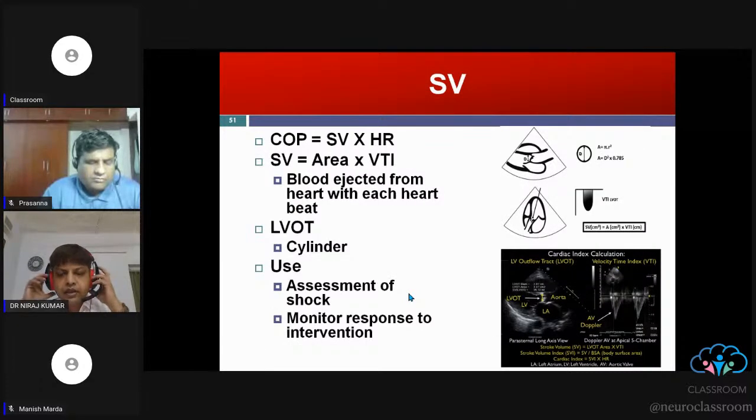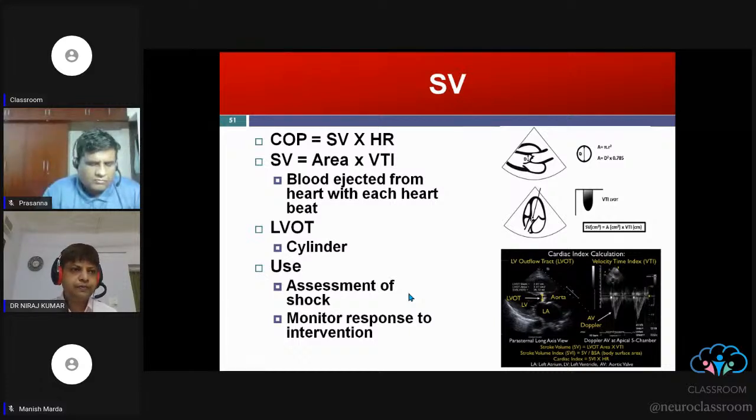And the third technique I want to describe is the stroke volume calculation. If you remember the physiological aspect, what is the main aim of the cardiovascular system? The main aim of the cardiovascular system is to maintain organ perfusion and tissue oxygenation.